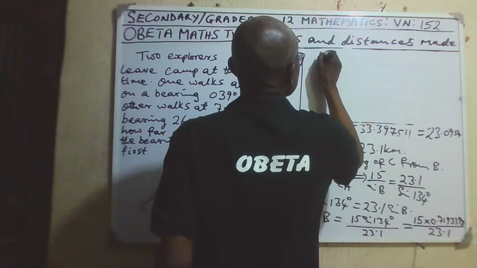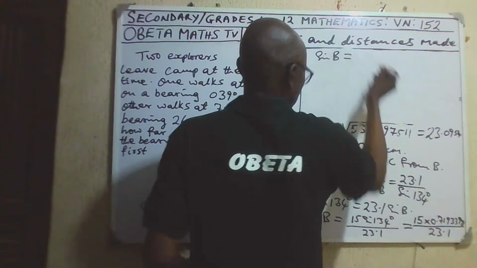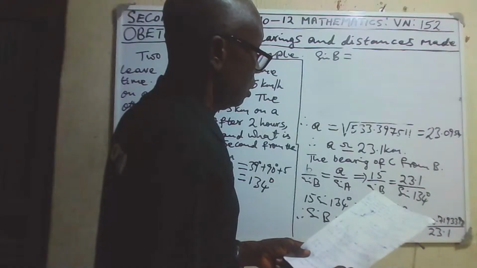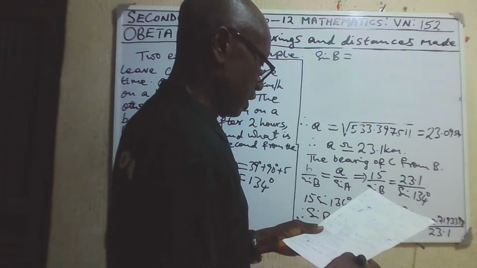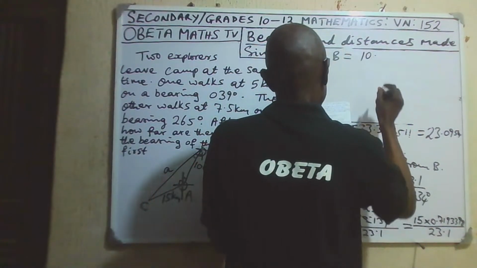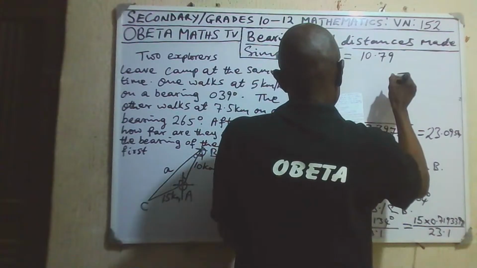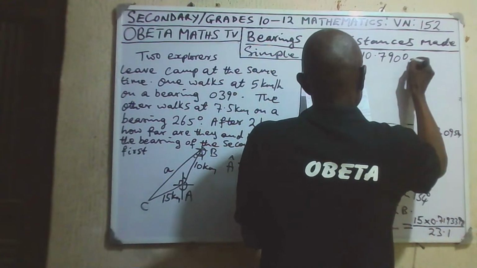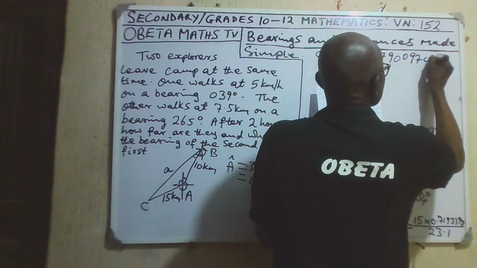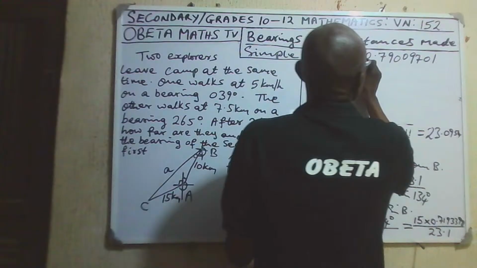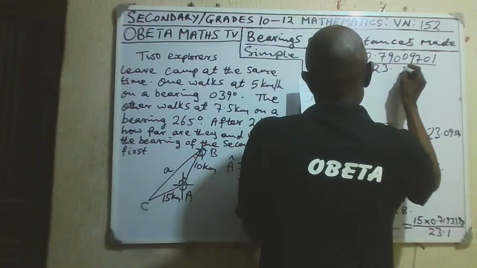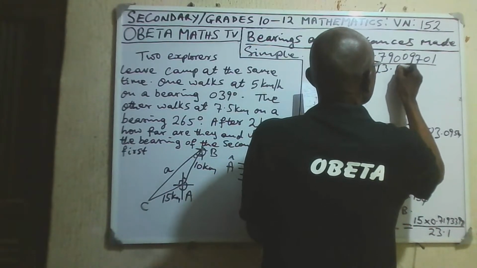So we now have sine B equal to, after multiplication, 10.79009701 all over 23.1.